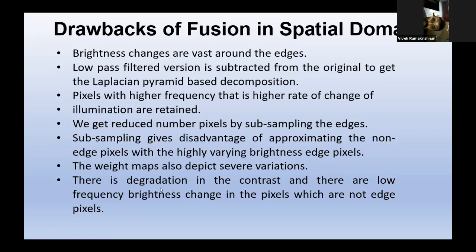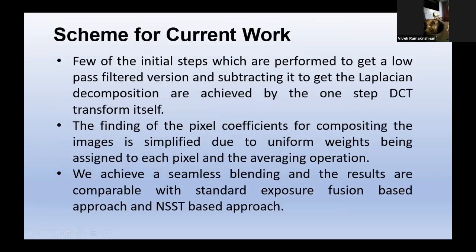So the weight maps also depict the severe variations, and there is degradation in the contrast, and there is a low frequency brightness change in the pixels. The contrast degradation occurs because the low frequency brightness change pixels are not retained, and they are not edge pixels. Now, the initial steps which are performed for the low pass filtering to get a low pass filter version and subtracting to get the Laplacian decomposition are achieved by the one-step DCT transform itself.